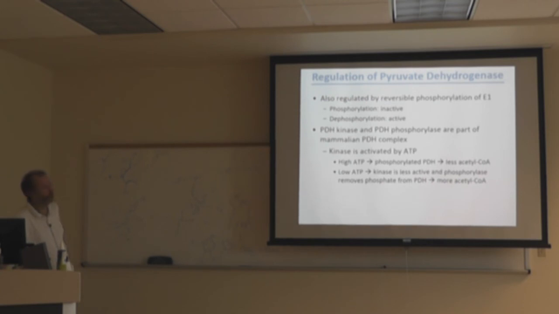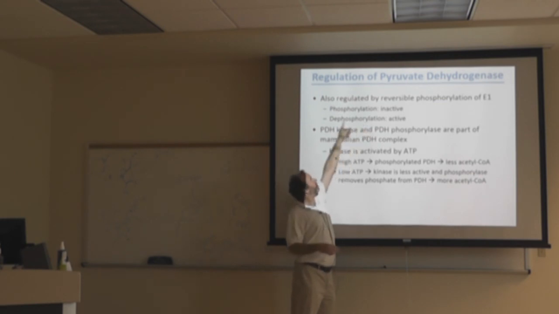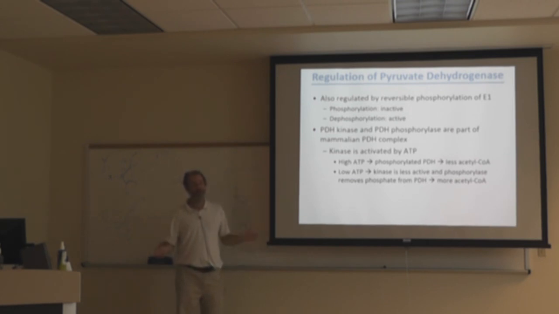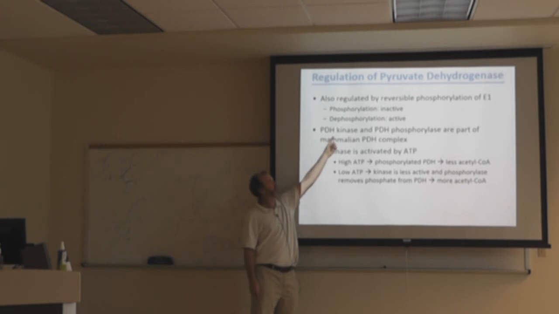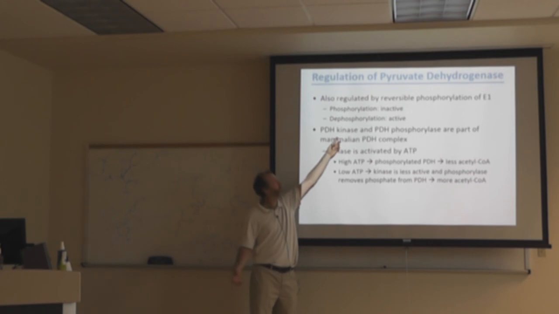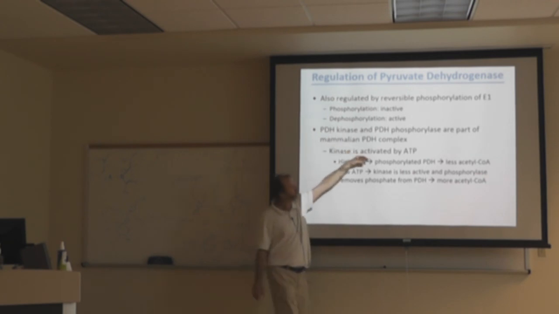So pyruvate dehydrogenase is also regulated by reversible phosphorylation of enzyme 1. If you have phosphorylation, it's inactive, so it's not going to work. Dephosphorylation, it's active. So what phosphorylates enzyme 1 is pyruvate dehydrogenase kinase, right? Simple name. If you remember, kinases add phosphate groups. This kinase adds a phosphate group to pyruvate dehydrogenase.